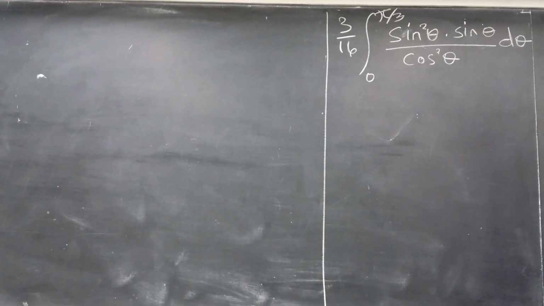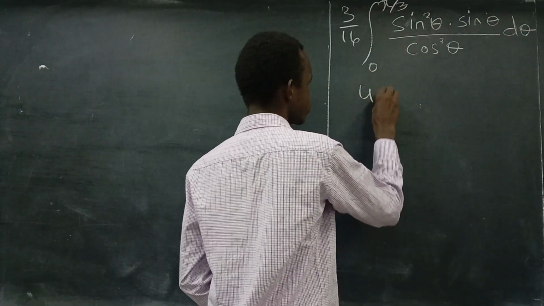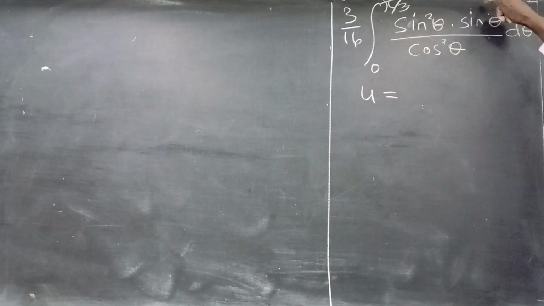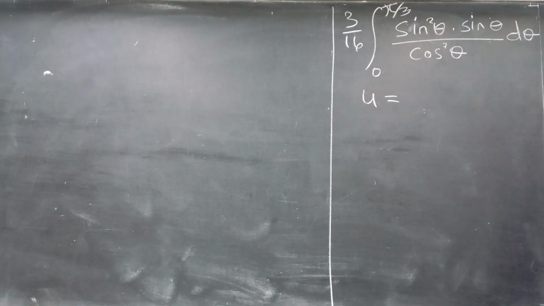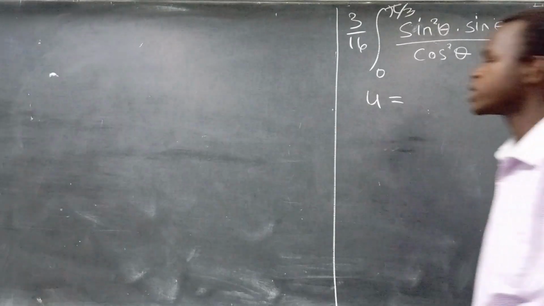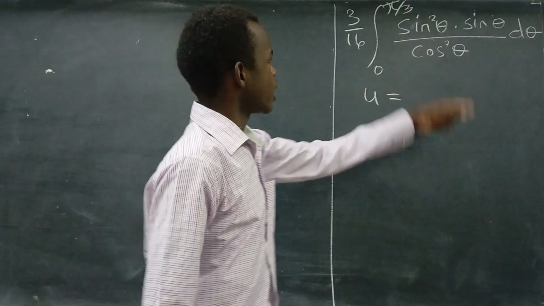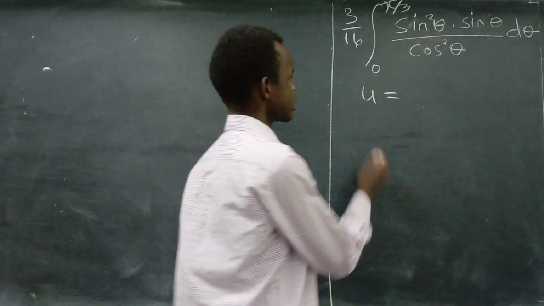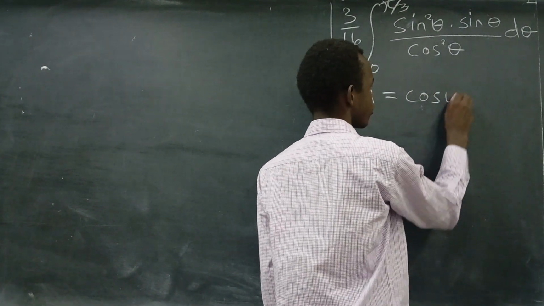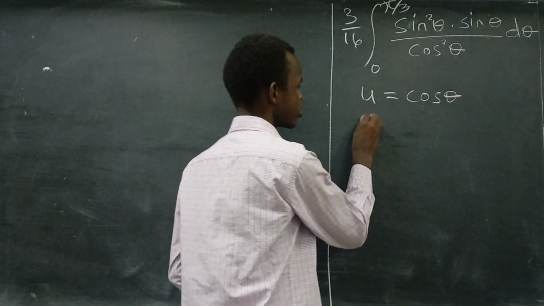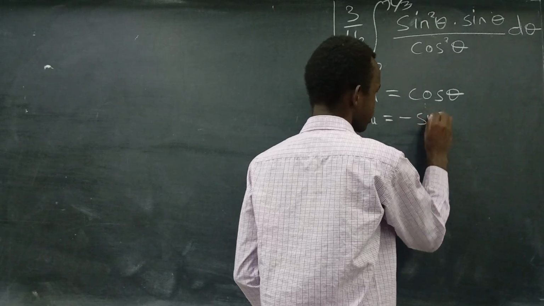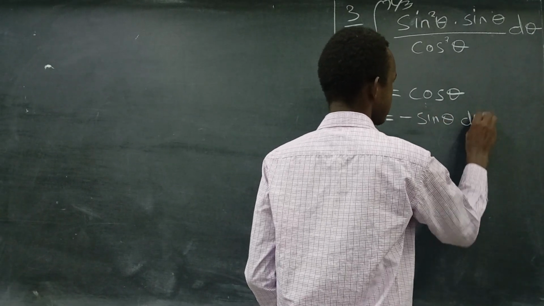We usually choose our u such that when you find the derivative of that part, it will resemble that part for easy cancellations. So usually we shall say, choose the opposite for sine, and the normal opposite for sine is just cos of theta. So when I find my derivative du, I'll get negative sine of theta d theta.